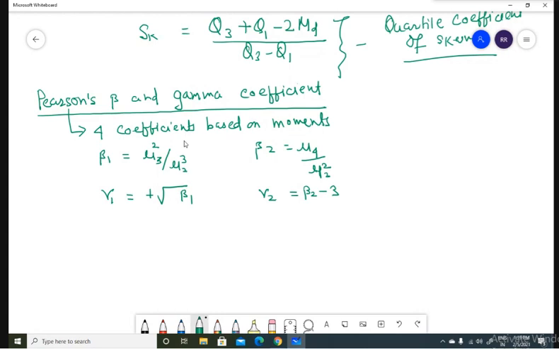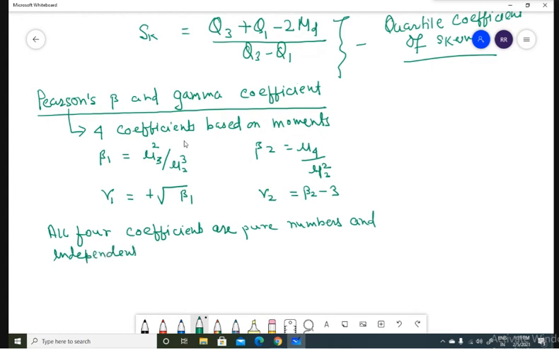So all four coefficients are pure numbers and independent of unit of measurement.